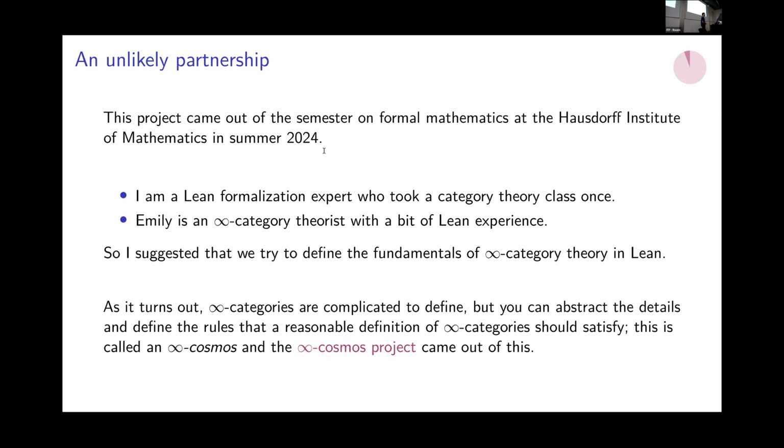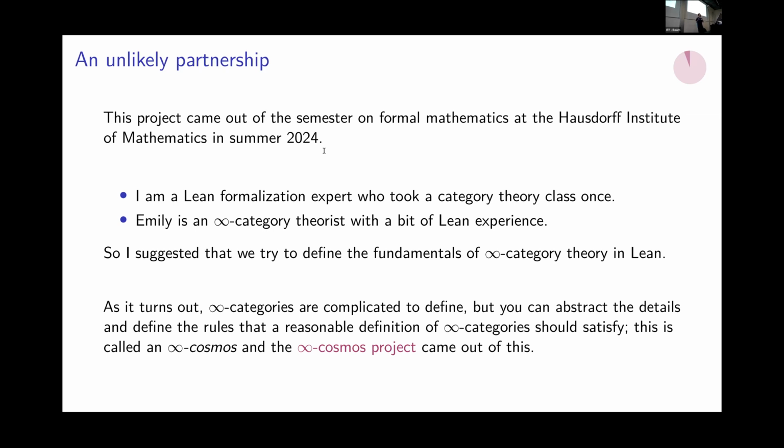So it turns out that infinity categories are complicated to define. It's actually not even really clear what the definition should be, and if you choose a definition, it sort of puts constraints on how you want to formalize things later. But there's another way of doing the definition where you actually don't really do a definition, but you give constraints around what the definition ought to be.